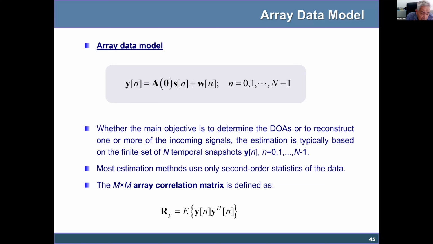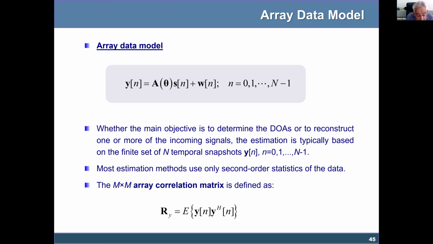If W is non-Gaussian, things become much more difficult. And most of the time, we design our algorithm by using only second-order statistics. So we neglect the non-Gaussian distribution of Y, and basically we analyze only second-order statistics.